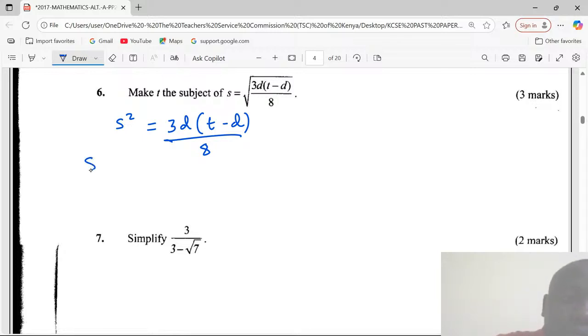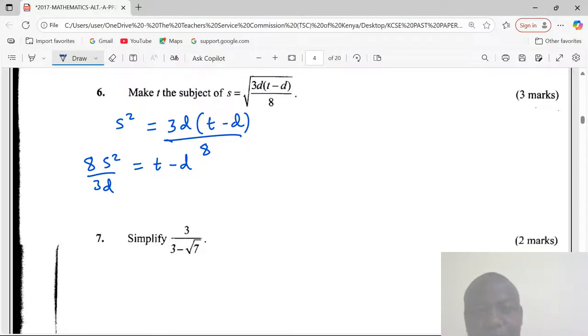So 8 S squared over 3D equals T minus D. Look at that step. I've multiplied both sides by 8 over 3D.